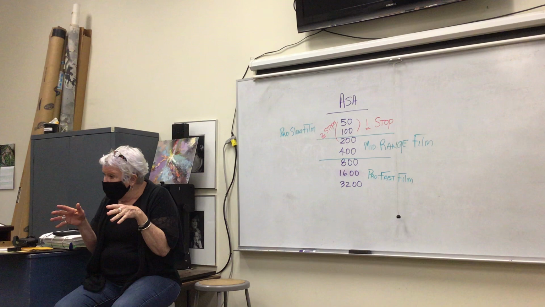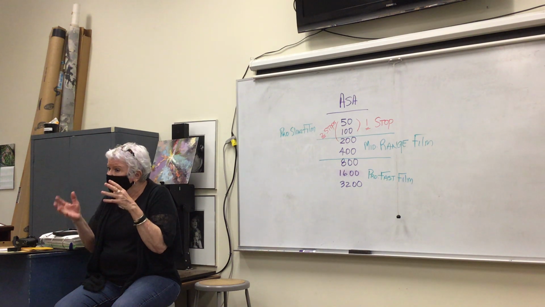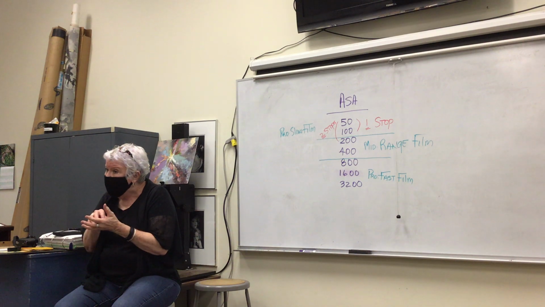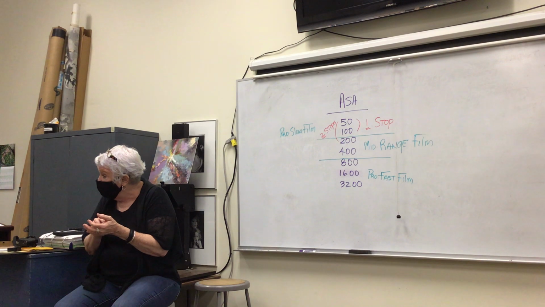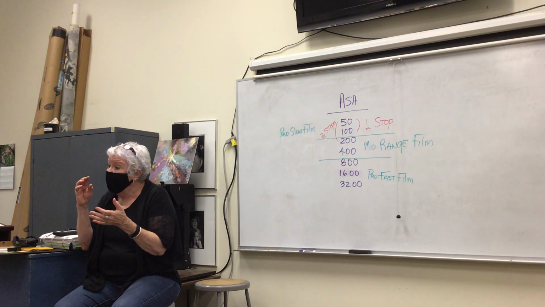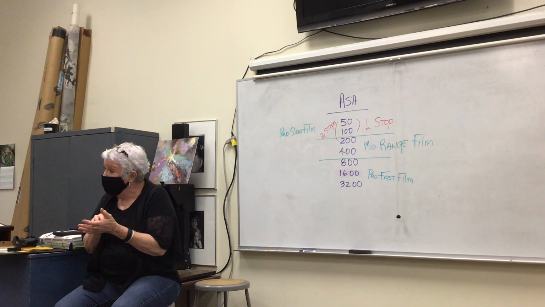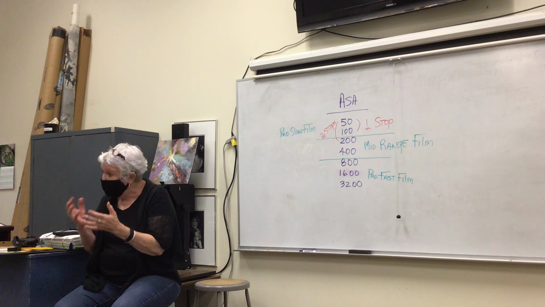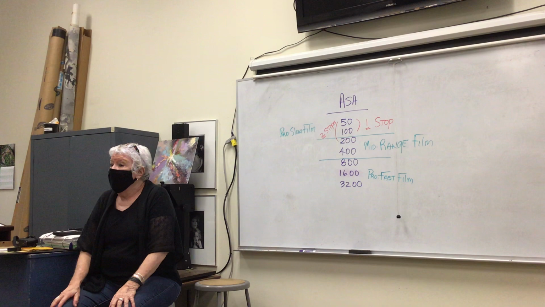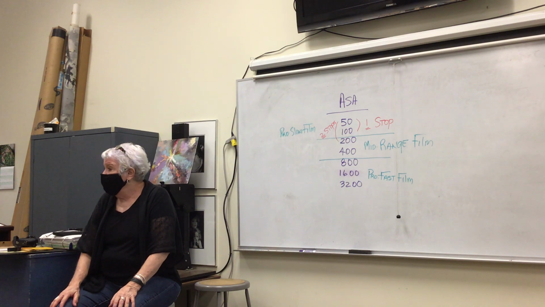Does that make sense? The speed of the process time of the film in the tank: the longer the process time, the flatter the negative. The faster the process time, the more contrasty the negative. So we are going to match a mid-range, average process time with a mid-range, average film type.